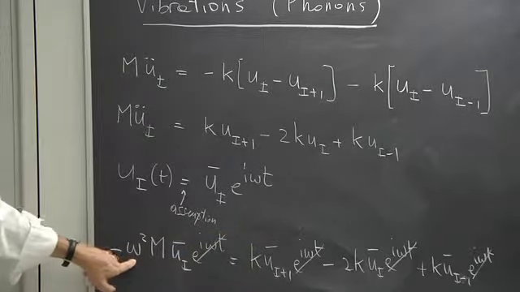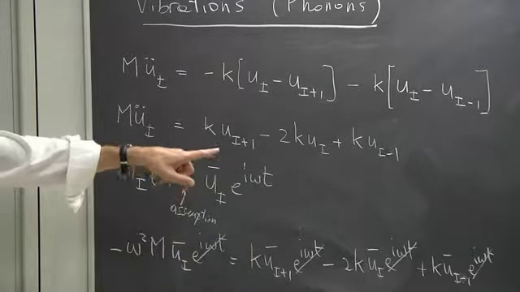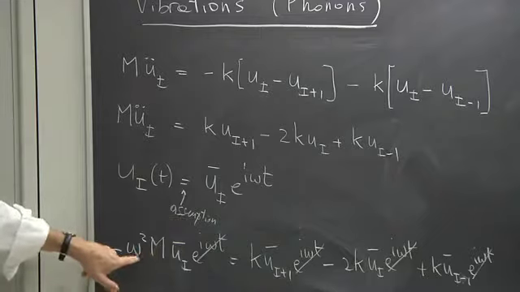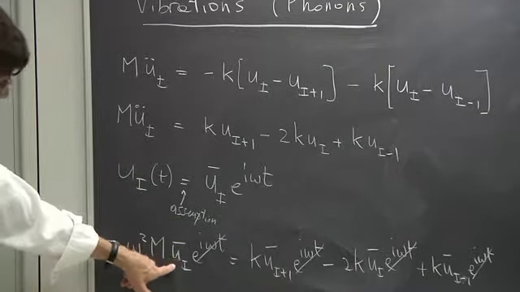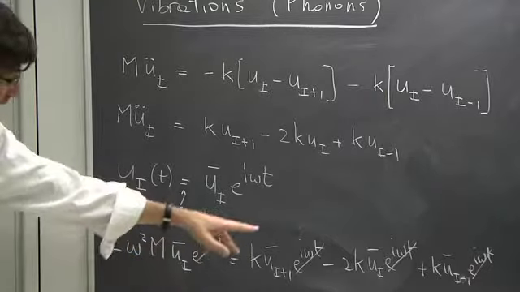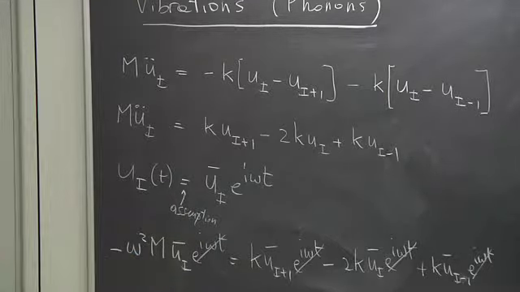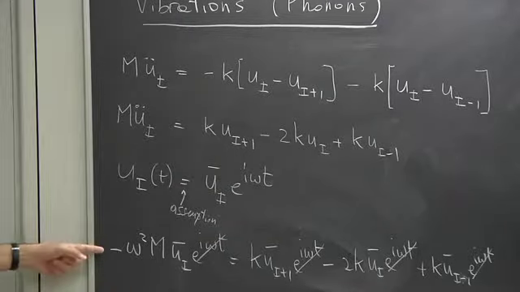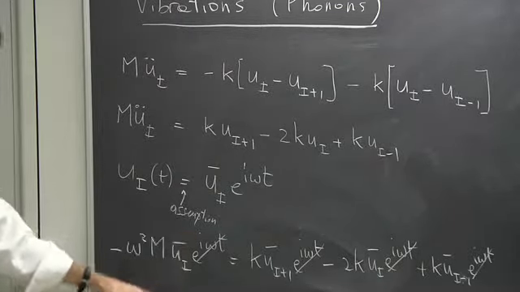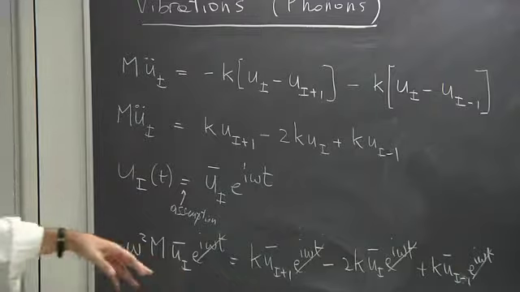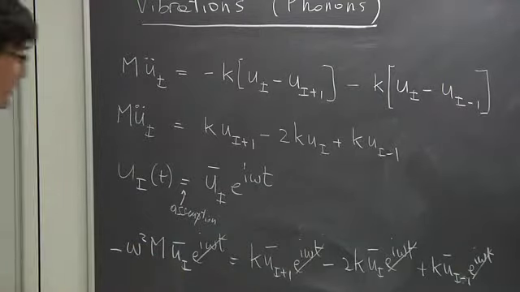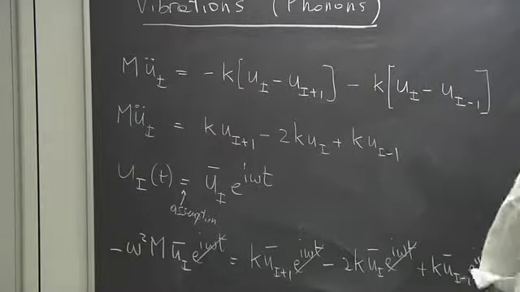Omega appears only here now because e to the i omega t has disappeared everywhere. But omega is to be determined. So here the unknowns are ū_i, all the ū's, and omega squared. So I have an infinite set of numbers to determine and an infinite set of equations, because all the equations with all possible i's. I mean, this i can be any number, so it's an infinite set of equations. Okay.